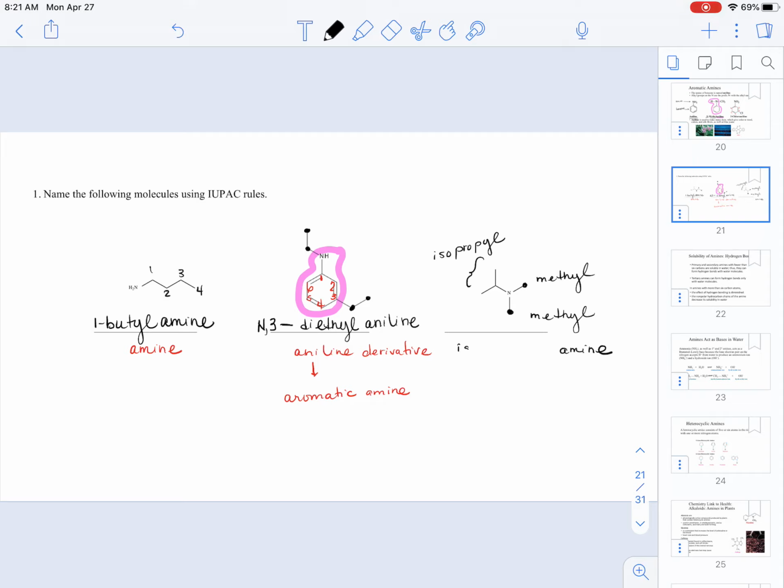So this is isopropyl, dimethyl, amine. Because remember, the di does not get alphabetized.